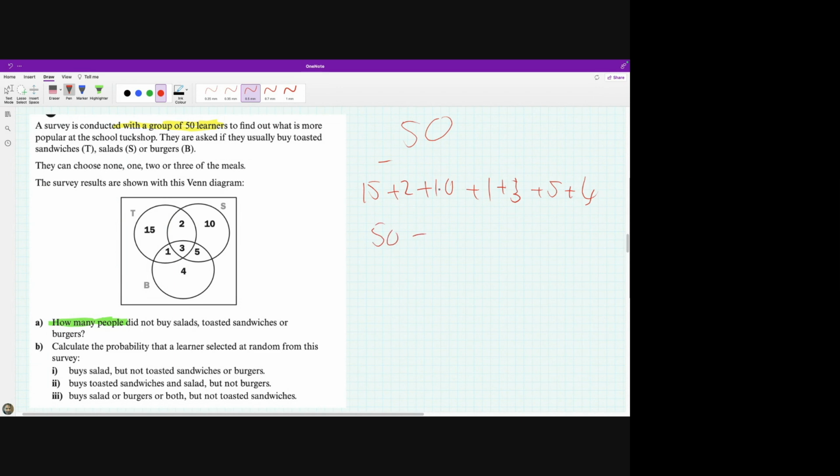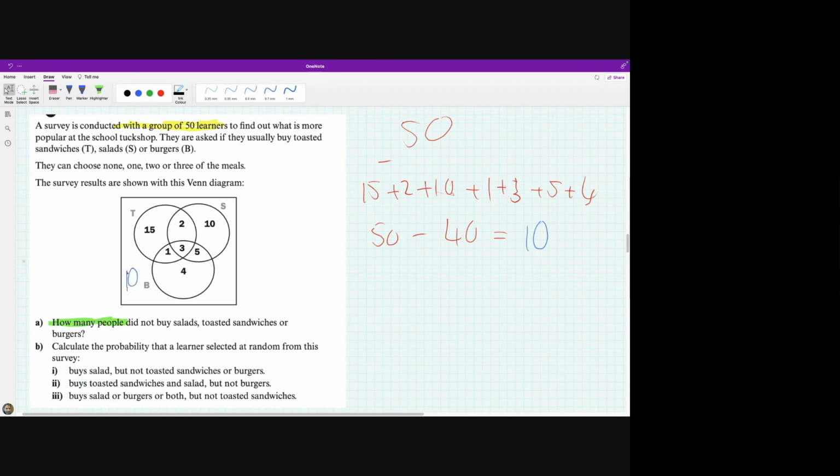So what do we get? 25, 27, 28, 31, 36. I get that there are 40 students in here and there are 50 in total. So I get that there are 10 students who don't buy anything from the tuck shop.